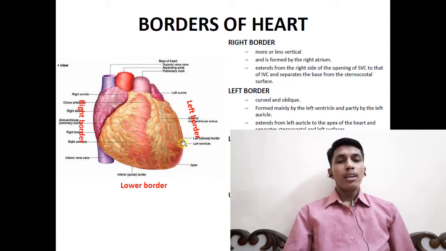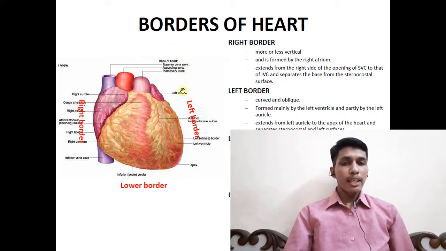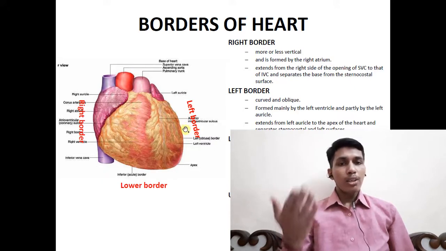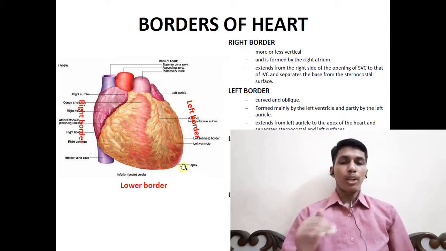On the left border from above to downwards, here we see the ascending aorta. Ascending aorta continues into the arch of aorta. It further continues into the descending aorta. Descending aorta in the thorax forms the thoracic aorta, and when it comes down under the diaphragm, it forms the abdominal aorta.